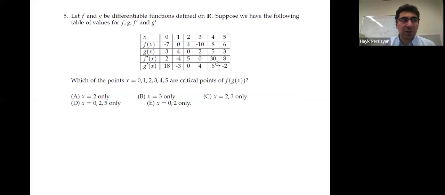So given a big table, and here we have values for f, g, f prime, g prime. Points are given from 0 to 5. We should find critical points for the composition of f with g.